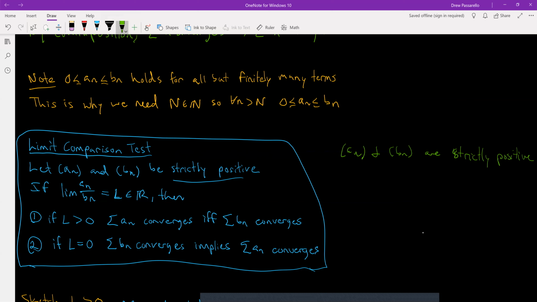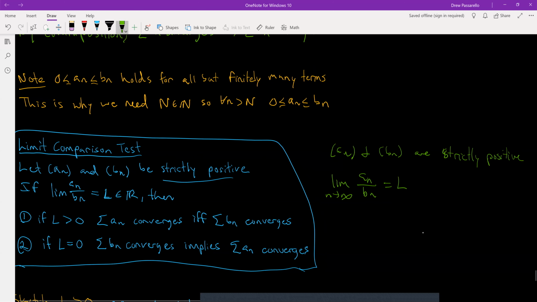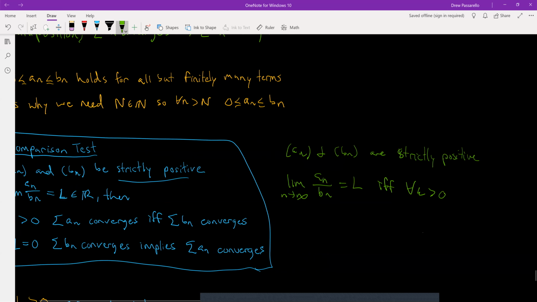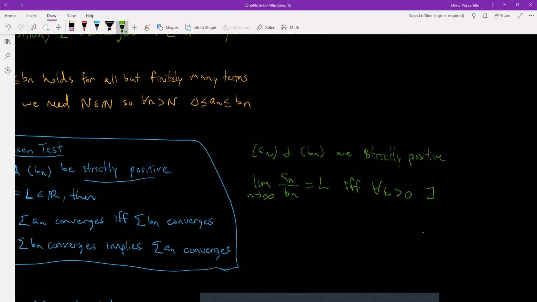We also have that we're assuming the limit as n goes to infinity of an divided by bn equals L. So based on that, that's if and only if for all epsilon bigger than 0, there exists some cutoff index capital N, so that for all little n bigger than capital N, we have the absolute value of the difference an divided by bn minus L to be less than epsilon. So that's true for any epsilon.